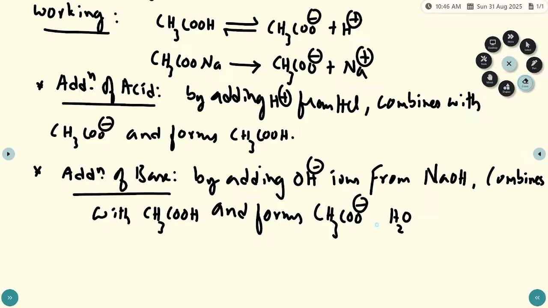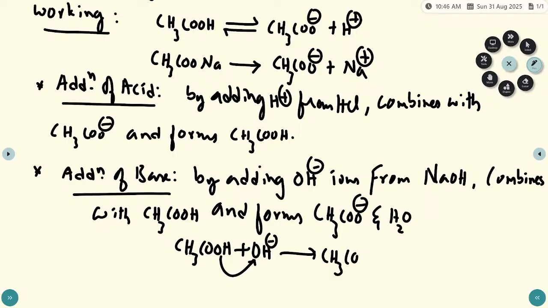So what is water? Water is also a weak electrolyte. So there is no change in pH. See, when the CH3COOH is added to OH minus, what happens here? The OH minus ion takes the H plus ion from the CH3COOH.